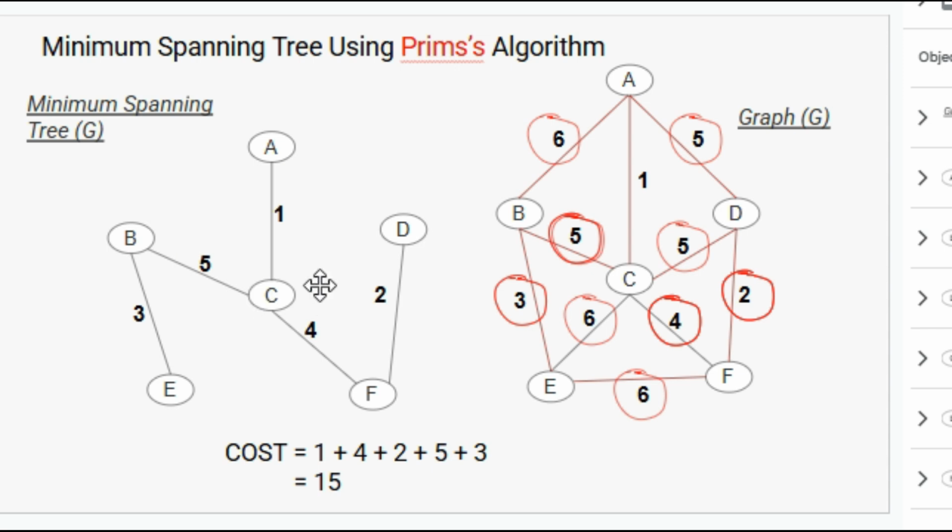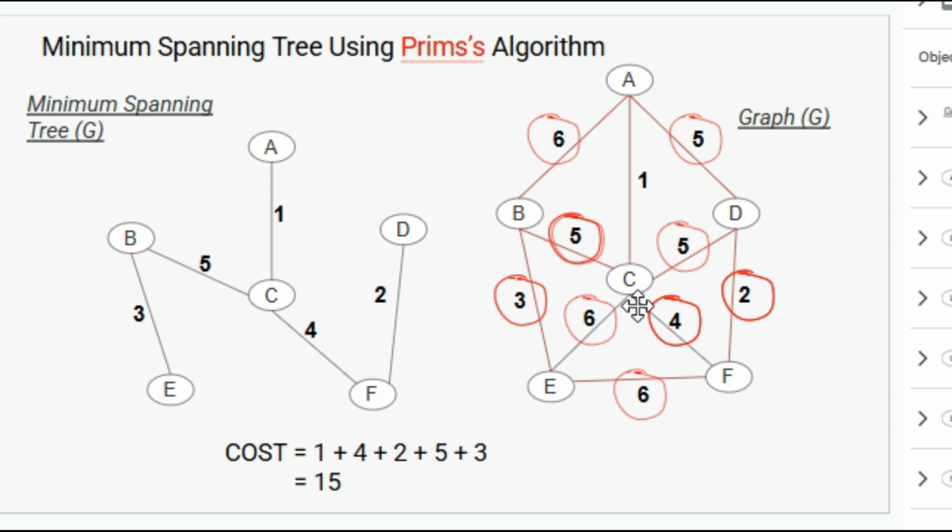Similarly, we have not visited E, but the vertex adjacent to it, C, has already been visited, so E becomes a fringe vertex. A fringe vertex is a vertex that is adjacent to those vertices that have already been visited, but that vertex itself has not been visited yet.